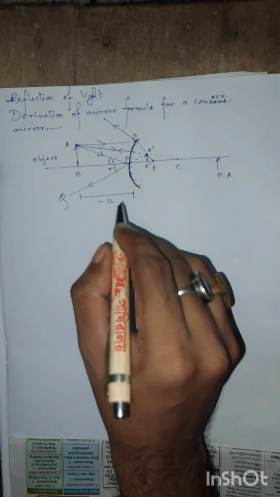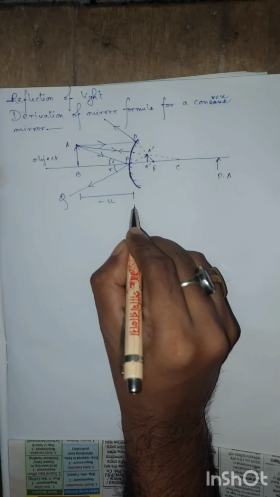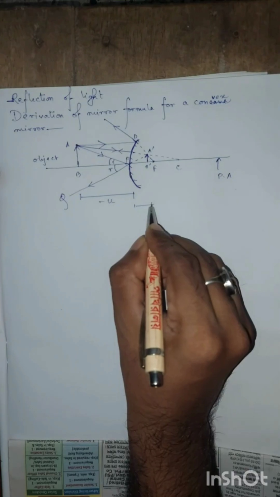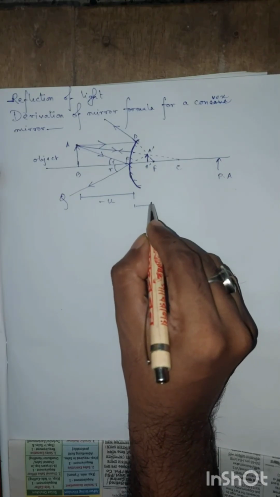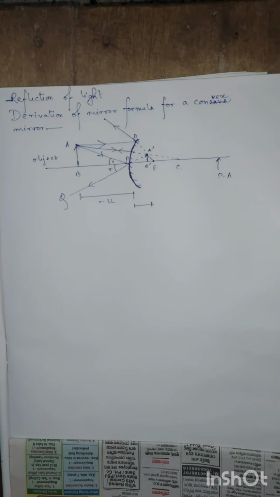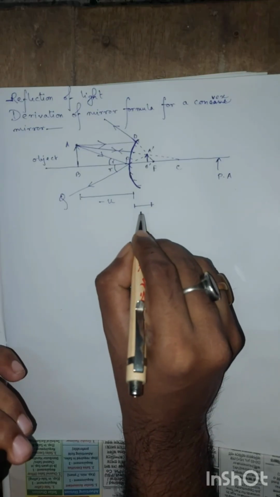And if we talk about the image distance, again the image distance is measured from the pole, but it is measured towards the direction of incident light. That is why it should be taken positive, so plus v.